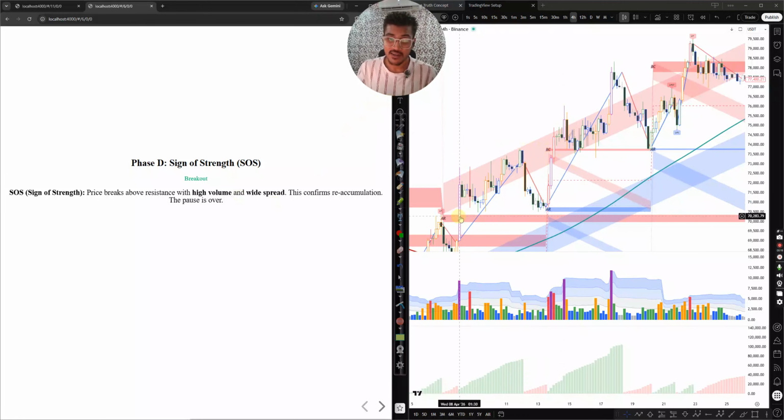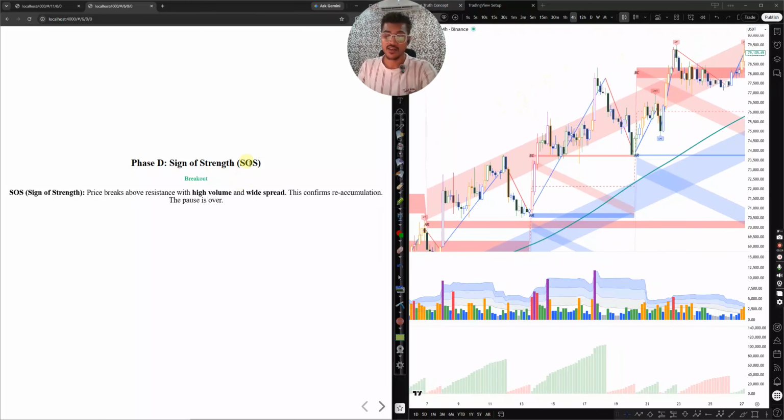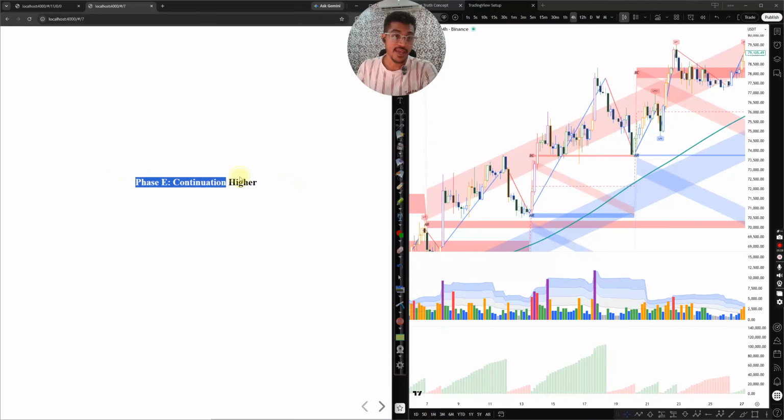You can see that here, right? This confirms that the reaccumulation and the pause is over. Okay, and then it just goes up here, right? So this is what we need to understand. Sign of strength, breakout, that's actually one of your very early signs that this is a reaccumulation.